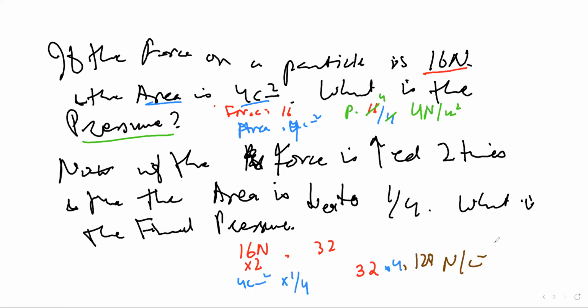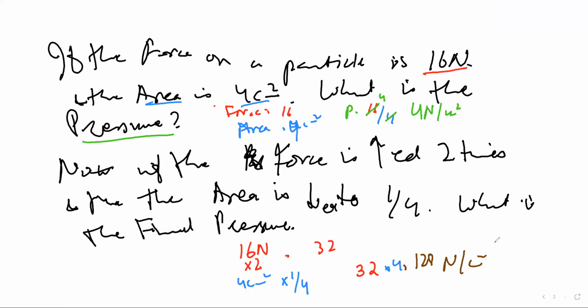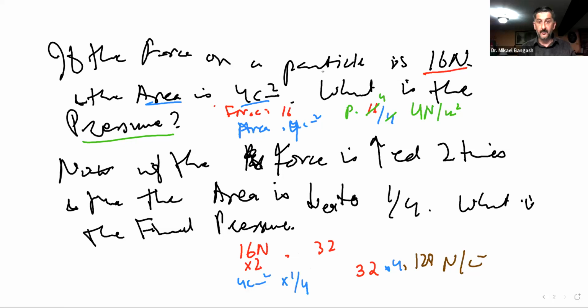Is it because the 4 centimeters square and the 1/4 is reciprocal? Yeah, exactly. Thank you. Wait, would it be okay if I did 32 divided by 0.25? Yeah, it's the same. Listen, what does 1/4 mean?